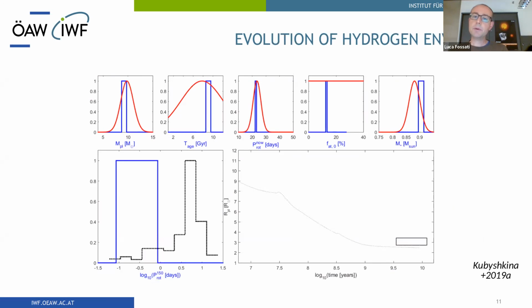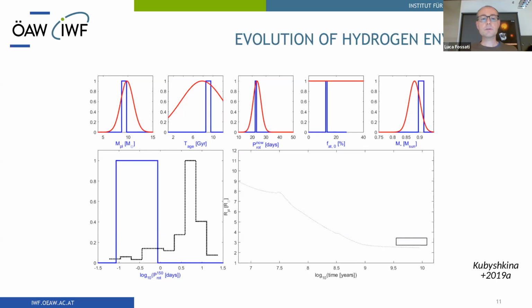And then we have a flat prior for the initial atmospheric mass fraction of the planet, because one of the things that we do not know is how big was the planet when it was formed, and so how much atmosphere the planet had when it was formed. And then we have a prior for the stellar mass.